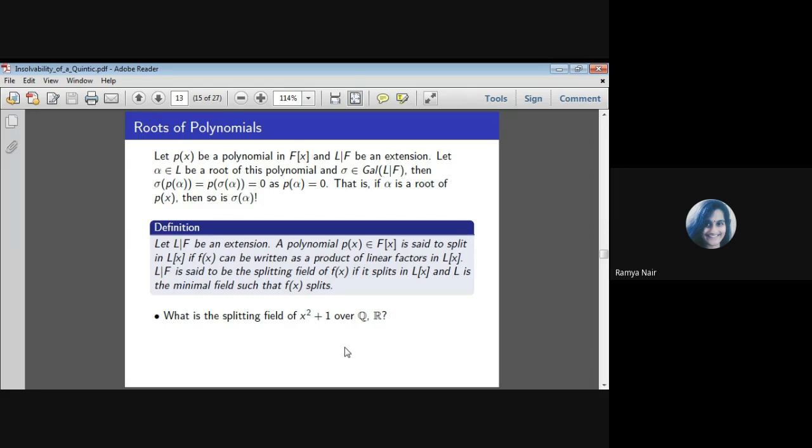Square root of 2 is a root of x squared minus 2. So you take square root of 2, the whole squared, minus 2, and act the element sigma on it. Then what does it do? It gives 0. Exactly. So the point is, if alpha is a root, then sigma of alpha is also a root of the polynomial.